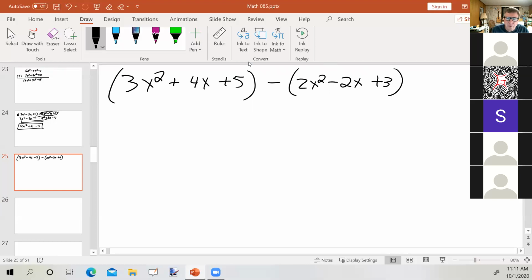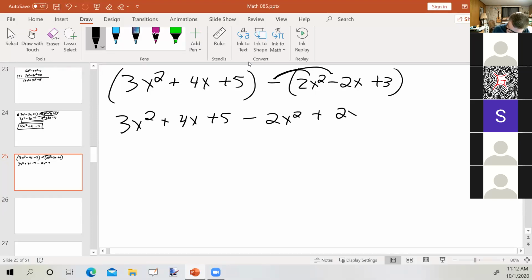So again, the first group can just come right outside the parentheses because there's nothing in front. Distributing the subtraction sign, we get minus 2x squared. Minus times minus is plus 2x, and minus times plus is minus.